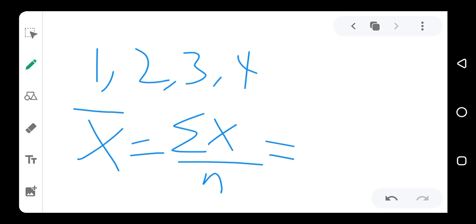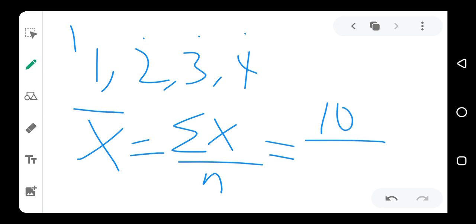Now this is equal to the total of x, which is 1 plus 2 plus 3 plus 4. This gives us 10, like we got before.